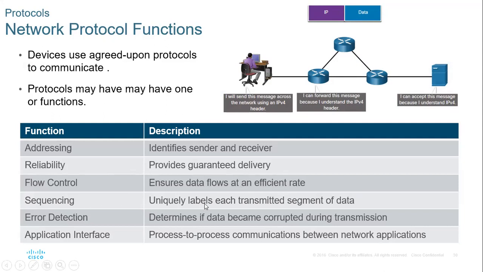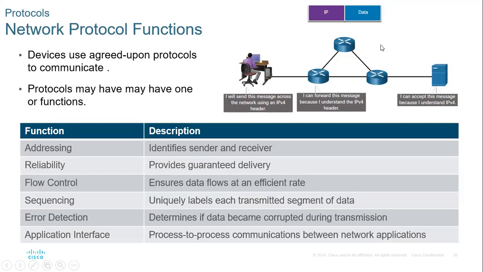Sequencing uniquely labels each transmitted segment of data. Error detection determines if the data became corrupted during transmission. Application interface, process to process communication between network applications. So these are the functions: addressing, reliability, flow control, sequencing, error detection, application interface.